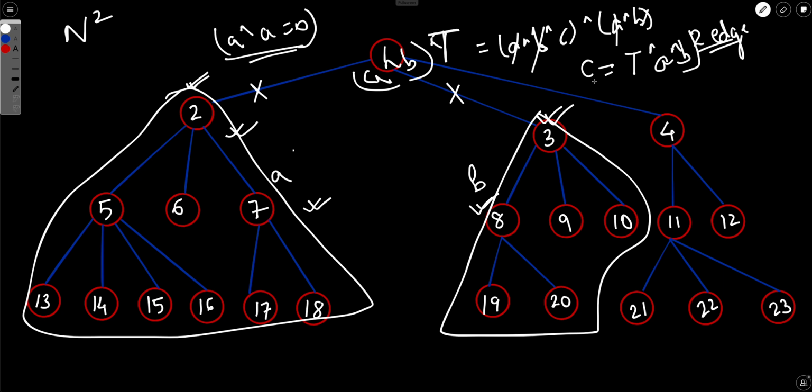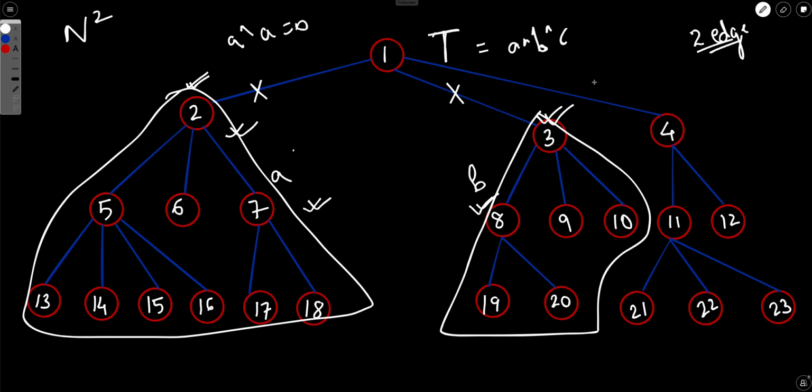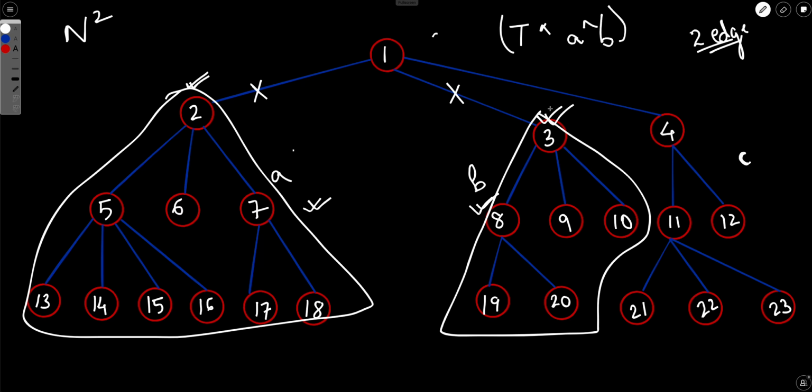So I hope you get how to find the value of the third piece, which is C. The XOR of the third component is C. You find the XOR of this entire tree, which is T, and that is just a one time computation. Then you just XOR with A and B, where A and B are the XORs of the two components that you have figured out because they are pure subtrees.